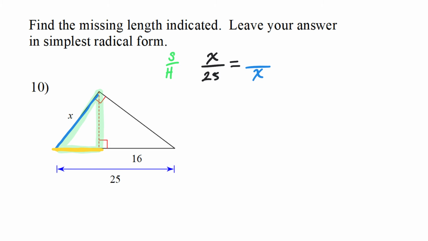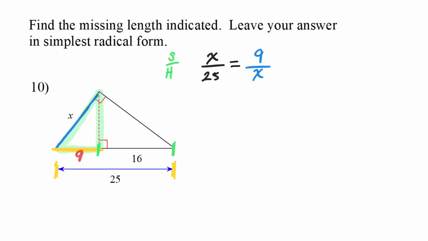Well, think about this real quick. From here to here is 25 units. And from here to here is 16 of those 25 units, which means 9 is left to be right there. And that 9 is the small part of the small triangle.